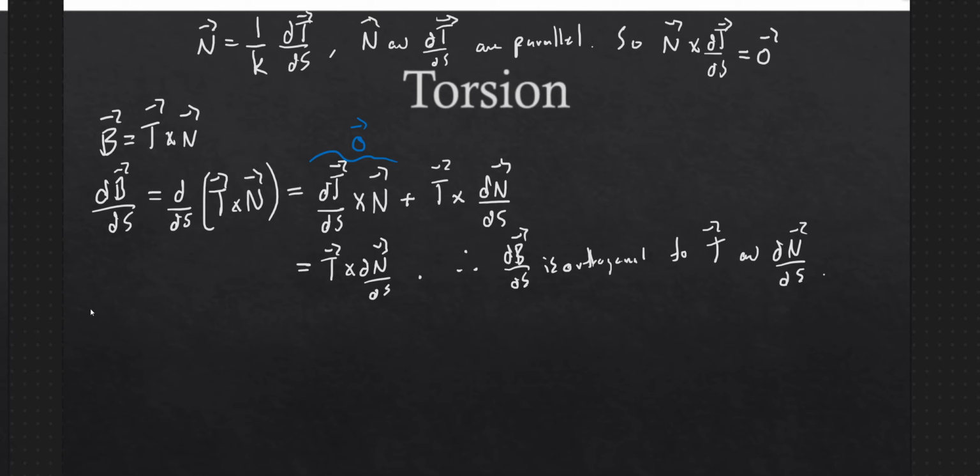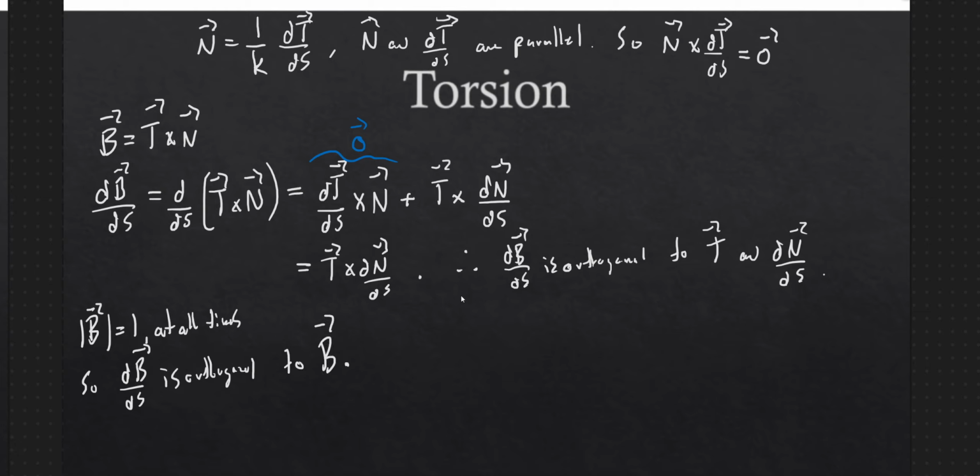Now, B, we talked about how the magnitude of B is 1 at all times, so at all points around the curve S. So dB/ds, being the derivative of a vector-valued function with constant magnitude, is orthogonal to B. Okay, so I'm going to highlight these two things. dB/ds is orthogonal to T, our unit tangent vector, and it's orthogonal to B.